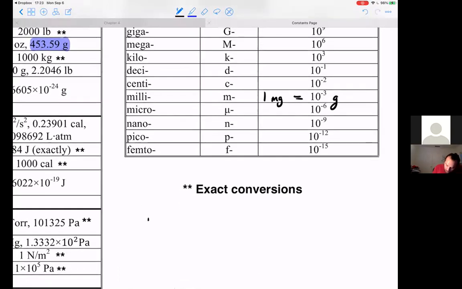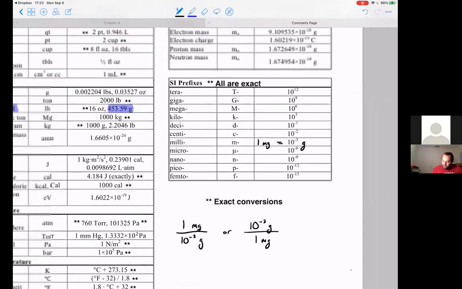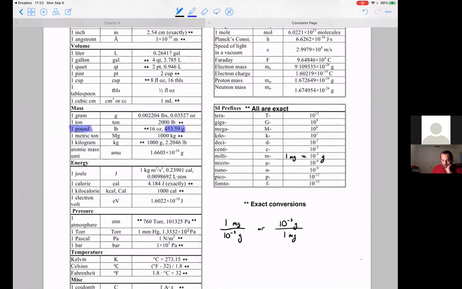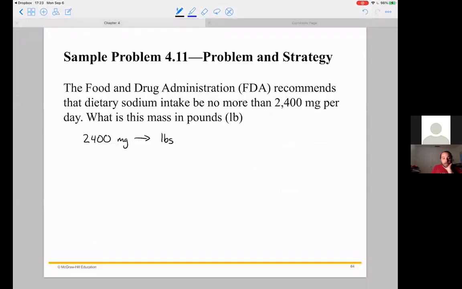So my conversion factor would be 1 milligram over 10 to the negative 3 grams, or 10 to the negative 3 grams over 1 milligram. I'm going to have to use one of those two. Since my problem has me starting in milligrams, I'm going to use the conversion factor that has milligrams on the bottom.